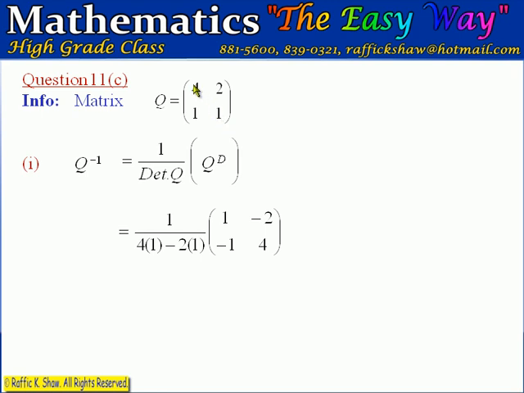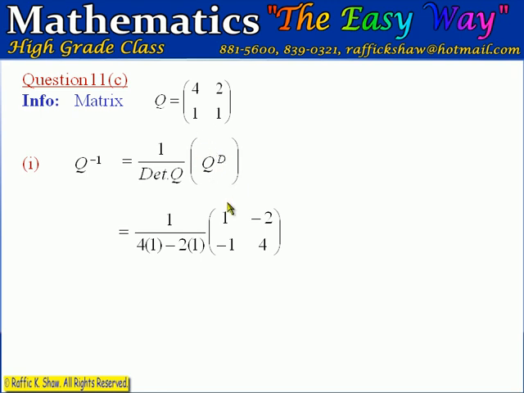So the product of these two elements minus the product of these two elements. That's how we calculate the determinant of Q. So it's 4 multiplied by 1 minus 2 multiplied by 1. That's this product minus this product. So that's the determinant of Q.